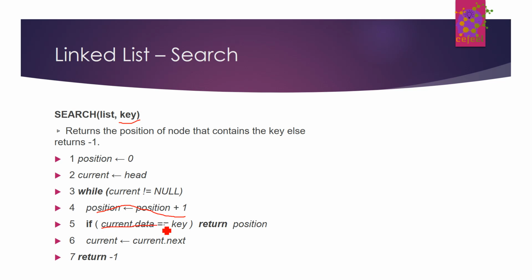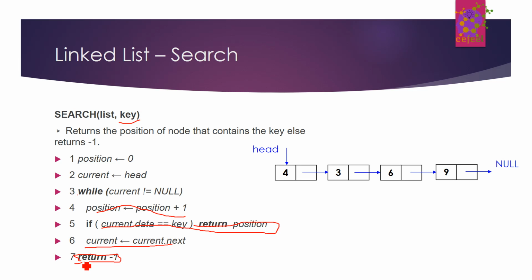If we have found the data, then we are done. We just return the position, else we keep moving, which means else we move the current to the next pointer. And finally, if we reach a point where current is null, which means the list is over, we have not found the element, and hence we return -1. So this is how it looks like.